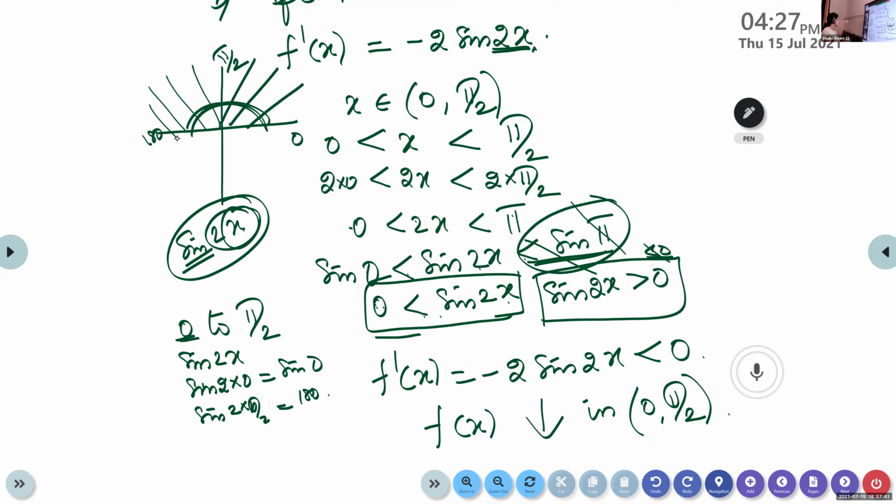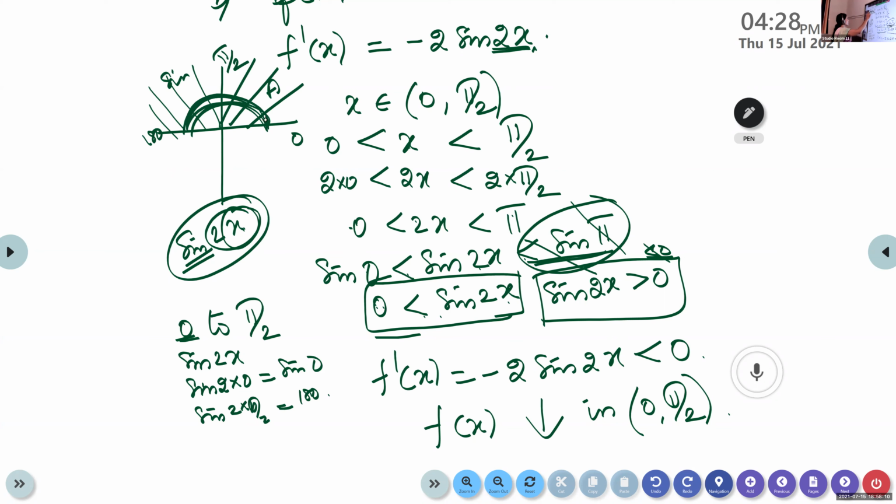So in the first quadrant and second quadrant, which ratios are positive? In the first quadrant, all the ratios are positive. In the second quadrant, sine is positive. So if you take 0 to pi by 2, the maximum value of 2x will be 180, so it takes values from 0 to 180 only.